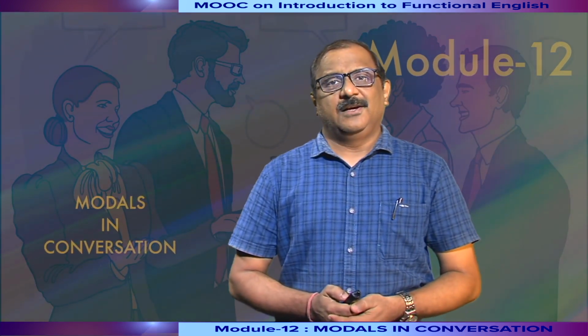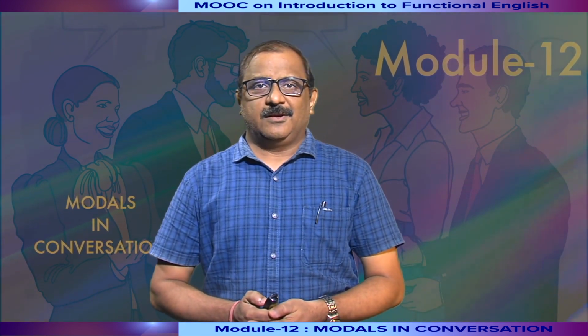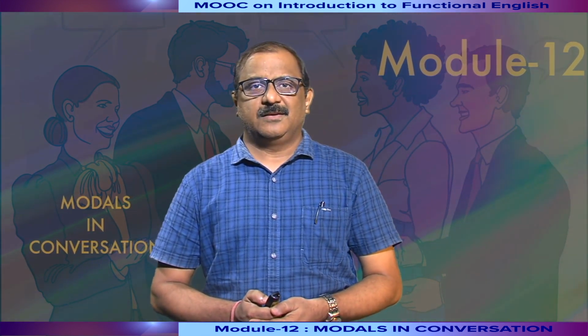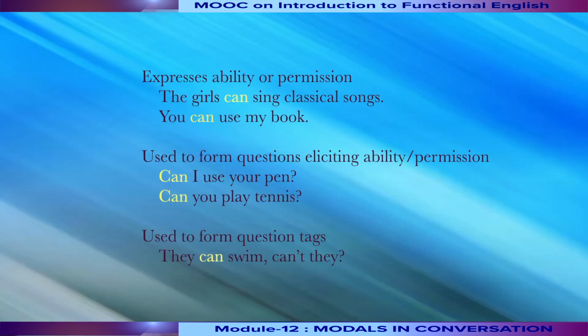So let's go into individual modal auxiliaries. Okay? And let us begin with can. It expresses ability or permission. Let's take the example of a sentence. The girls can sing classical songs. You can use my book, right?